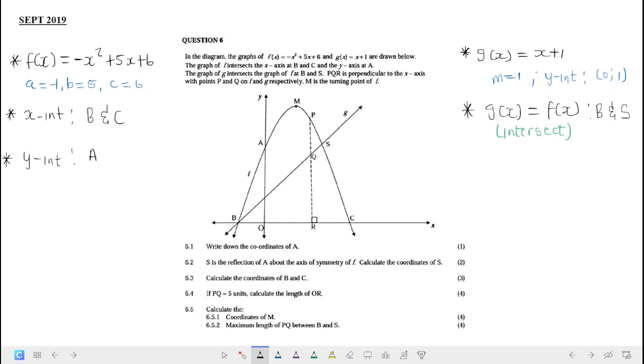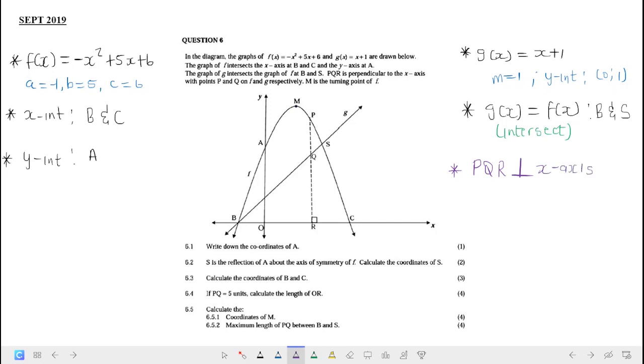All right. The next thing that we're told is that PQR is perpendicular to the x-axis. Let's add this one as a new one: PQR is perpendicular to the x-axis.